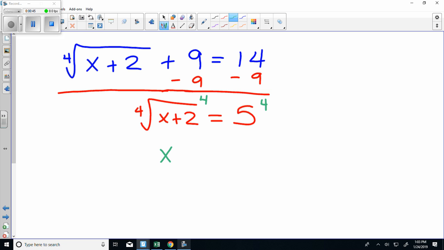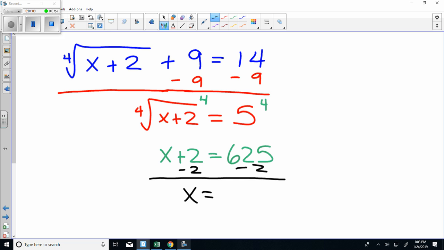And then you would have x plus 2 equals 5 to the fourth power, which is 625. And finally, the last thing you'd have to do to isolate the x is to subtract 2. So x is 623.